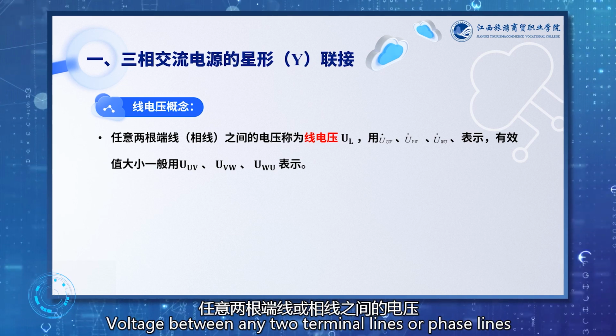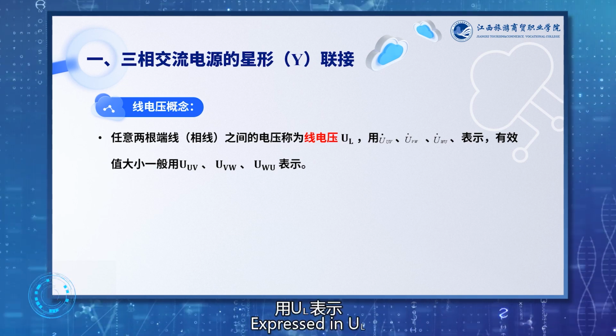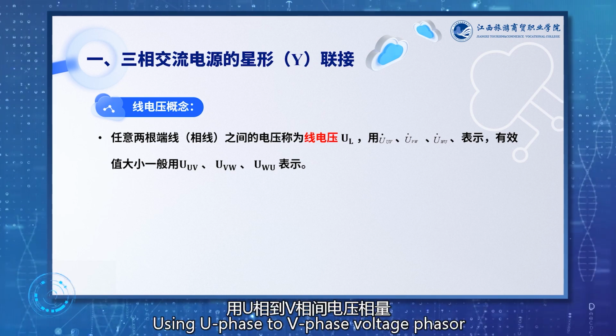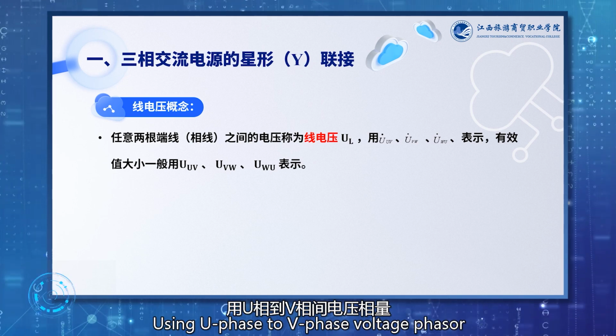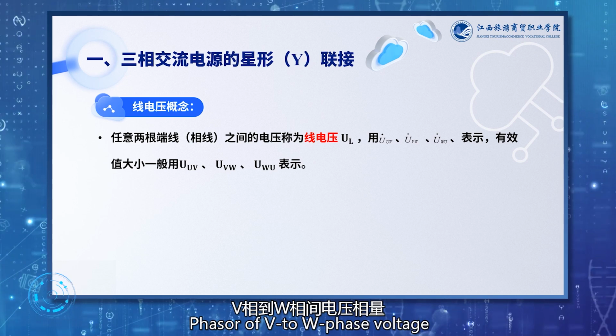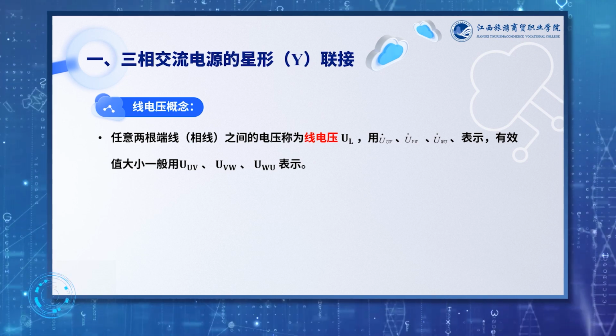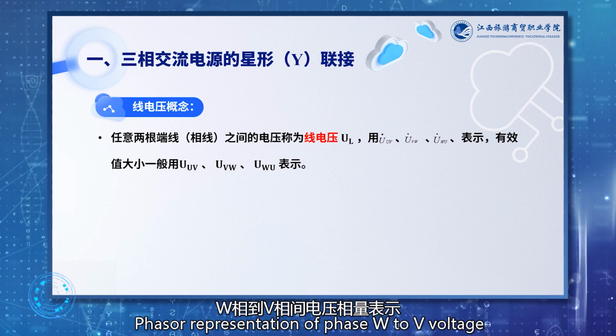The voltage between any two terminal lines or phase lines is called line voltage, expressed as UL. It is represented by the phasor of U to V phase voltage, the phasor of V to W phase voltage, and the phasor of W to U phase voltage.